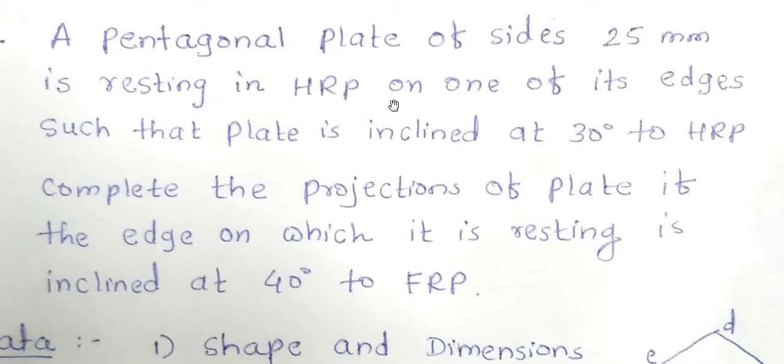Is resting in HRP on one of its edges. So as the plane is pentagonal plane, it will be having 5 edges. Out of those 5 edges, this pentagonal plate is resting in HRP on one of its edges. So out of 5 edges, one edge is in the HRP.